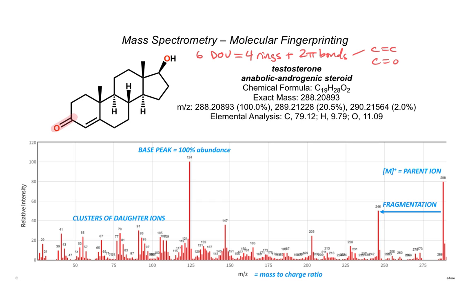A ketone? So a carbon-oxygen pi bond is called a carbonyl. For the carbonyl groups, since there's so many of them, you have to look at what's bonded to it. And we see we have a carbon and another carbon, so that makes it a ketone.